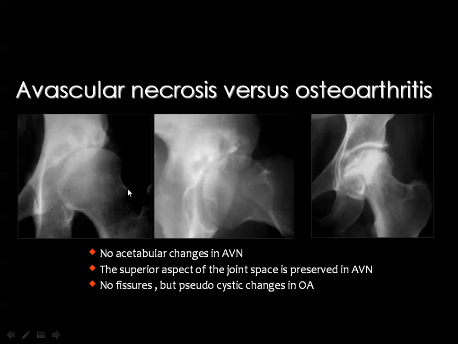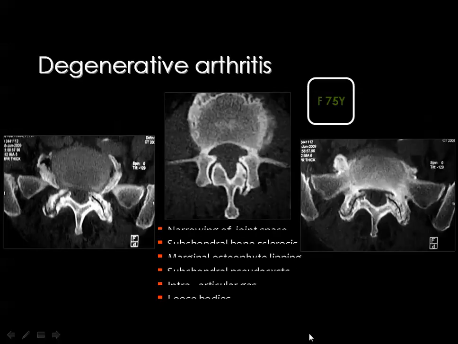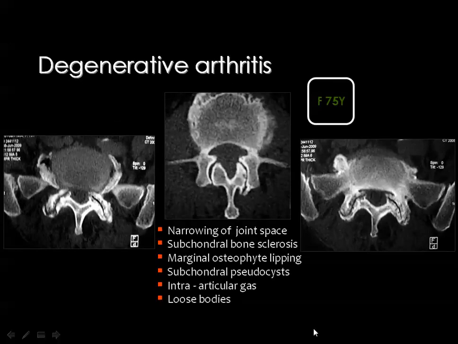In this particular example, you can see the pseudocystic changes, which are well appreciated in the acetabulum as well as in the femoral head. And osteoarthritis of the facet joints and the neurocentral joints in the spine will present the same findings, except that you cannot see loose bodies here.